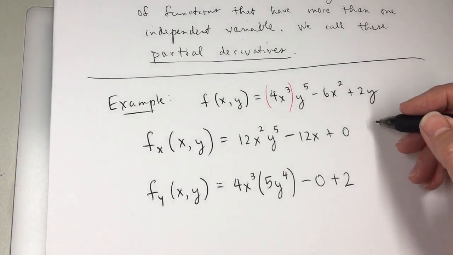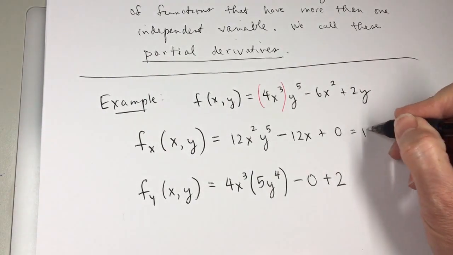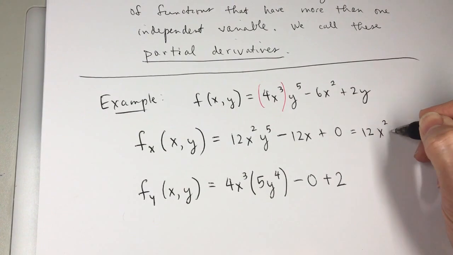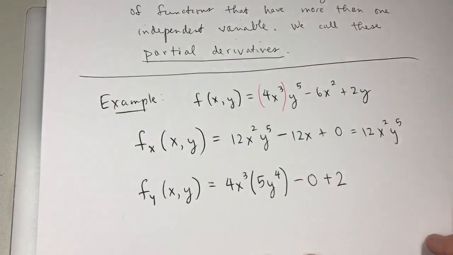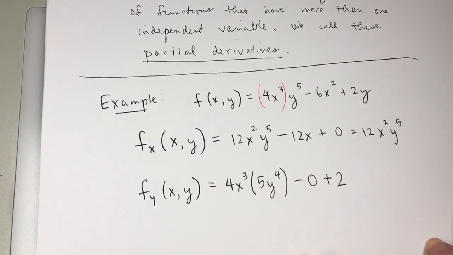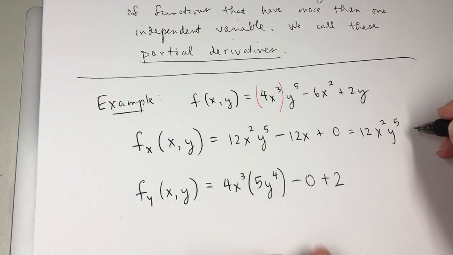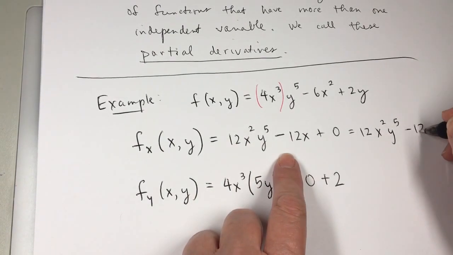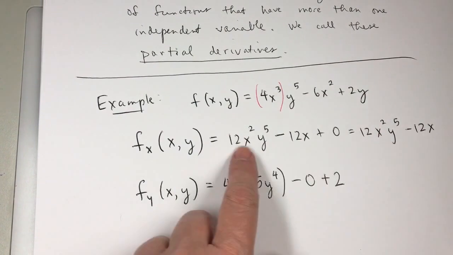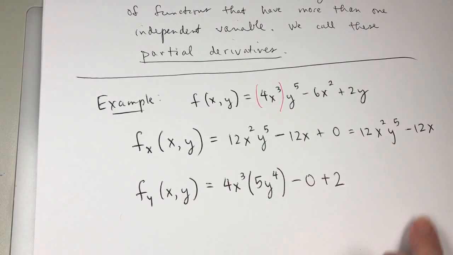Now you don't have to write those zeros on both of these. I wrote them so that you would see I really did do the derivative of 2y and I got 0 right there. And I did the derivative of 6x squared and I got 0. I put them to emphasize that we did do that derivative. But here, my answer for the first one, 12x squared y to the 5th minus 12x.